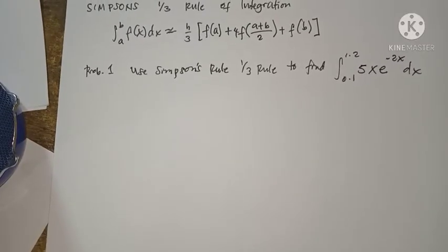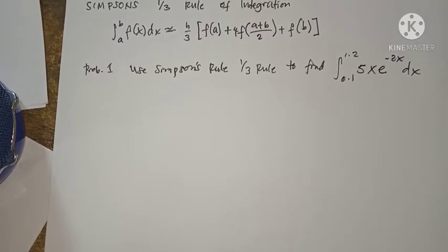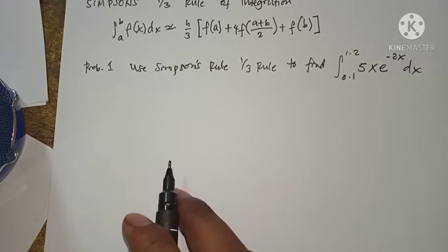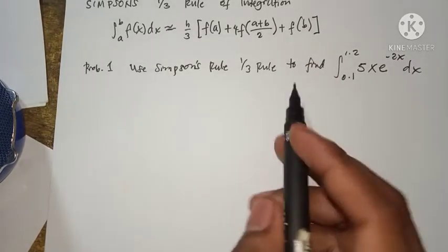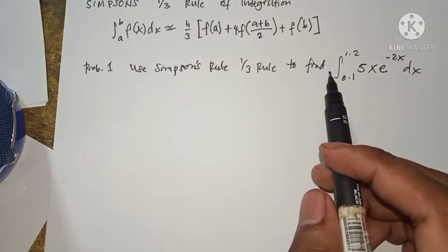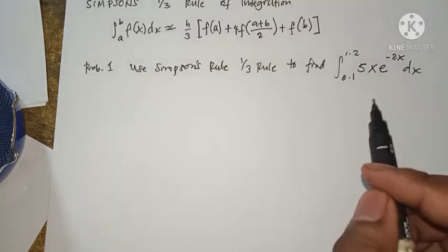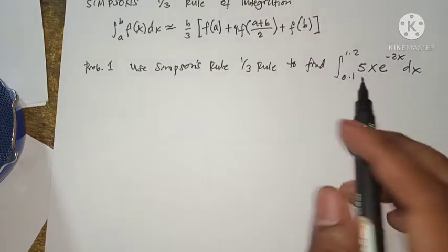Okay, for multiple choice problem number 1, Simpson's one-third rule of integration. This is the solution. First, the formula for Simpson's one-third rule is the integral from a to b of f(x) dx approximately equal to h over 3 times the quantity f(a) plus 4 f((a+b)/2) plus f(b).